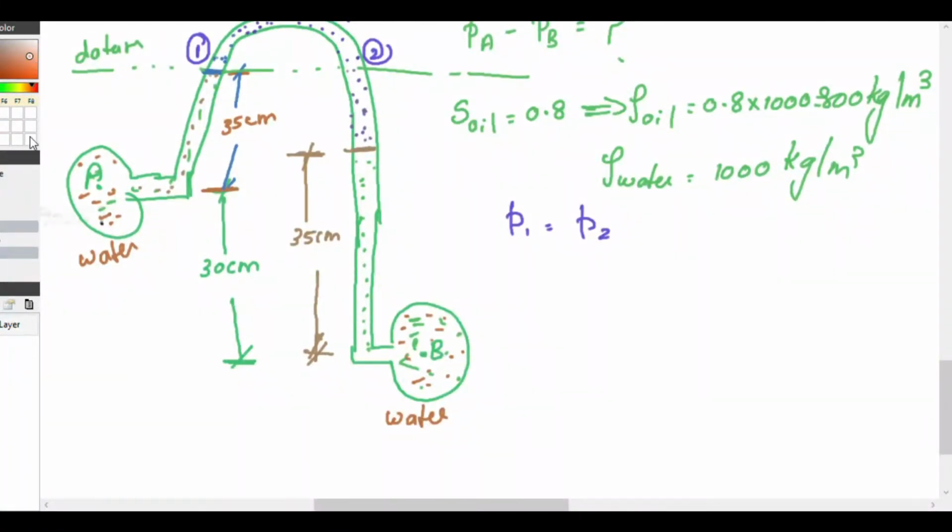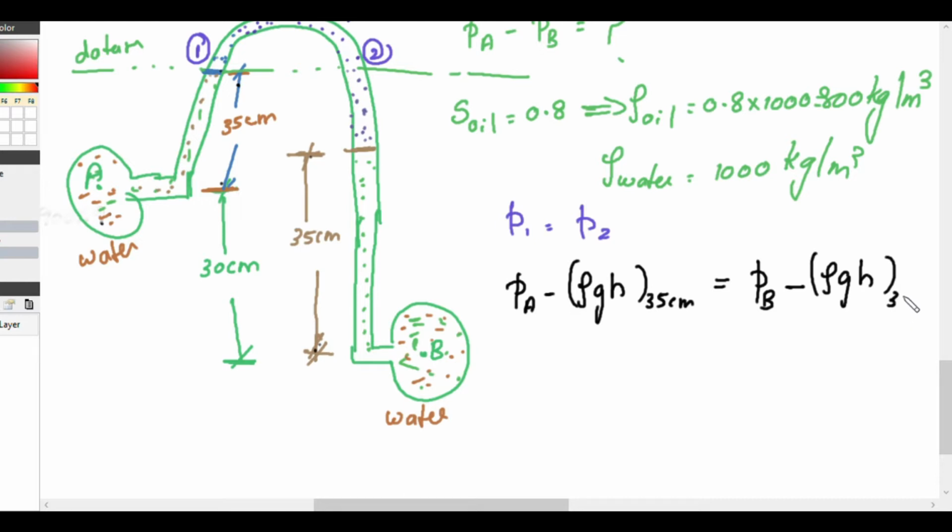The pressure at 1 will be PA minus the pressure due to this height of 35 centimeter, that is rho g h, for a height of 35 centimeter in the left limb, is equal to the pressure at 2, which is pressure at B minus the pressure due to rho g h of 35 centimeter in the right limb, minus this height also.